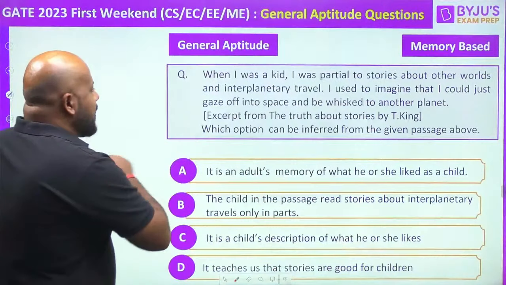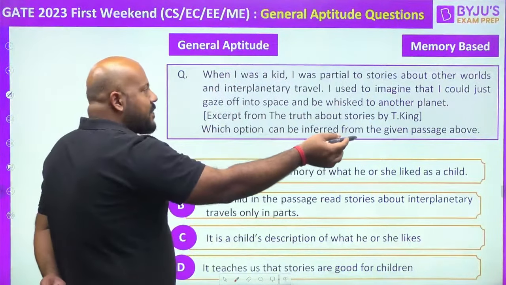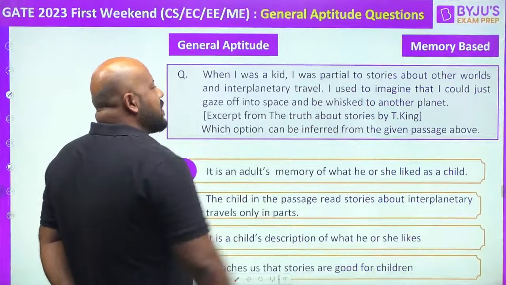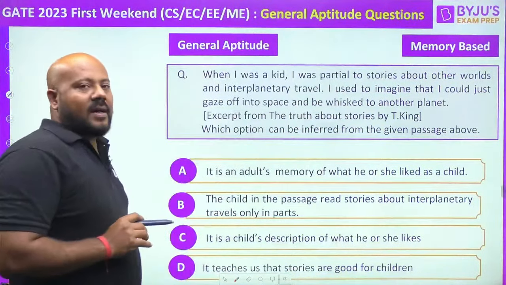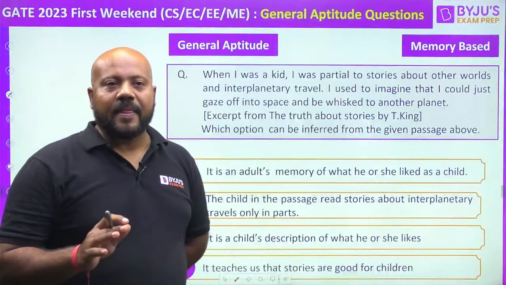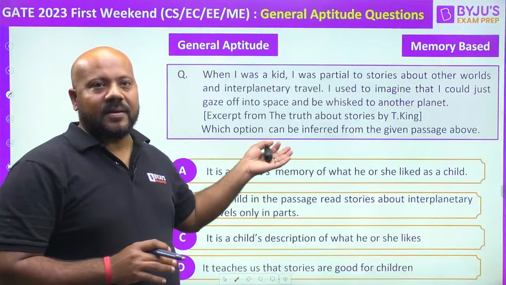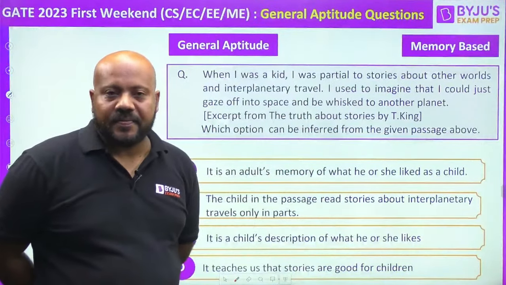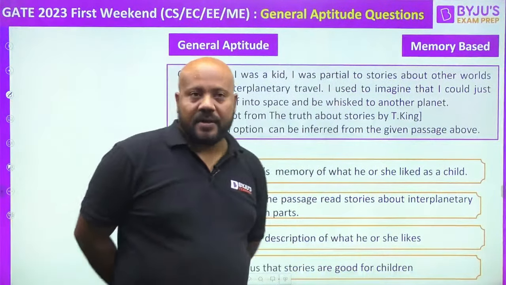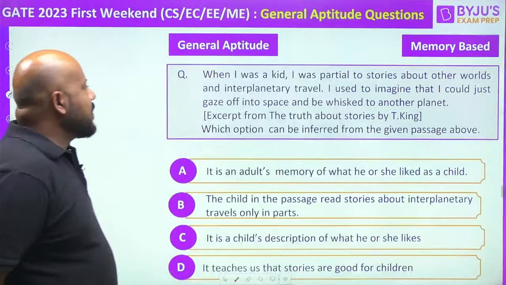Now, again a reading comprehension question. When I was a kid, I was partial to stories about other worlds and interplanetary travel. I think for most of the children, this is going to be the case. Where does every child want to go in childhood? Into space, because of the curiosity. Children are very curious.